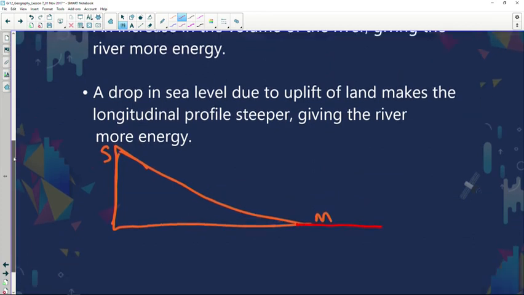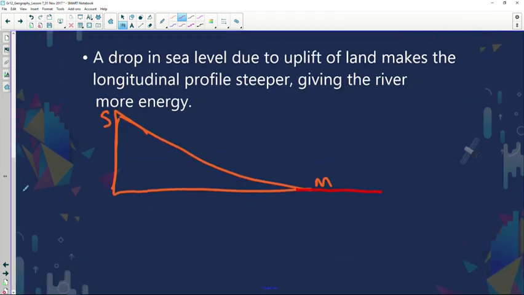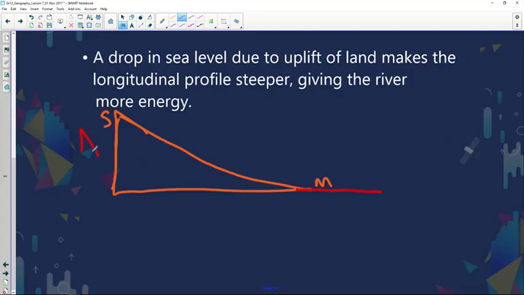Now, in grade 10, you've learned about isostatic uplift. But we're just going to concentrate on upliftment of land. Basically, because of pressure on the mantle, we're experiencing an uplift of land. So this is what the river used to look like. Beautiful, graded, longitudinal profile. But all of a sudden, we experience upliftment of land.